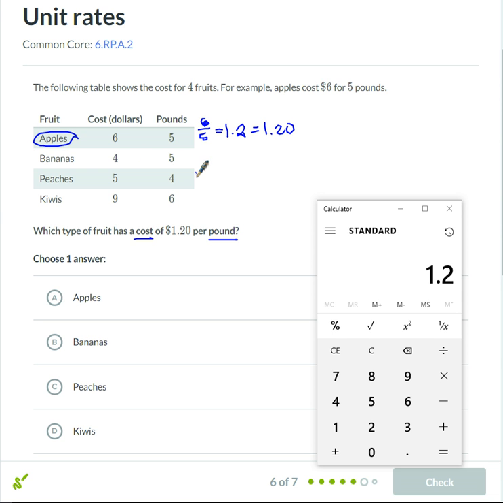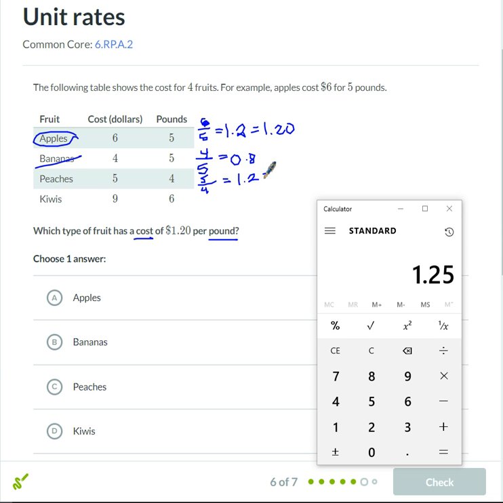But just to confirm the others, 4 divided by 5 would be the cost per pound for a banana, and that's 0.8, so that's wrong. Peaches is $5 divided by 4 pounds, and 5 divided by 4 is 1.25.